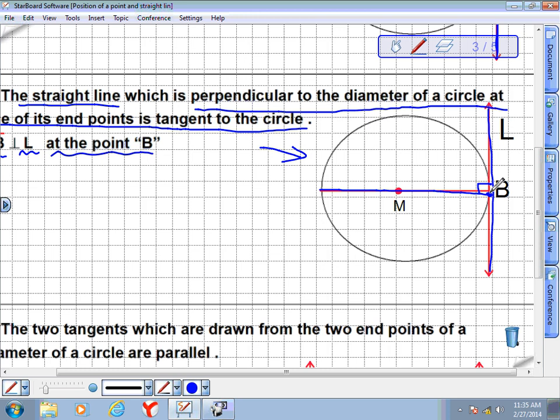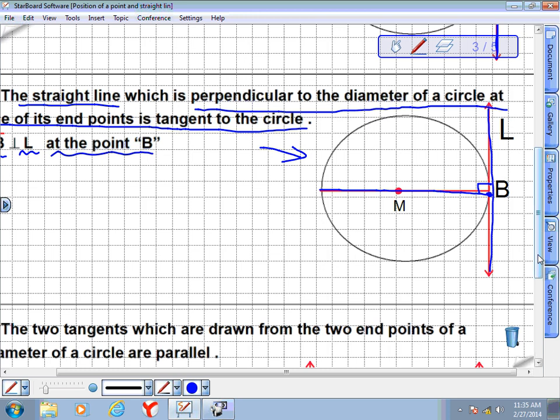So if the straight line touches the circle at one point, it is called a tangent, and it will be perpendicular to the diameter or the radius at the point of tangency.